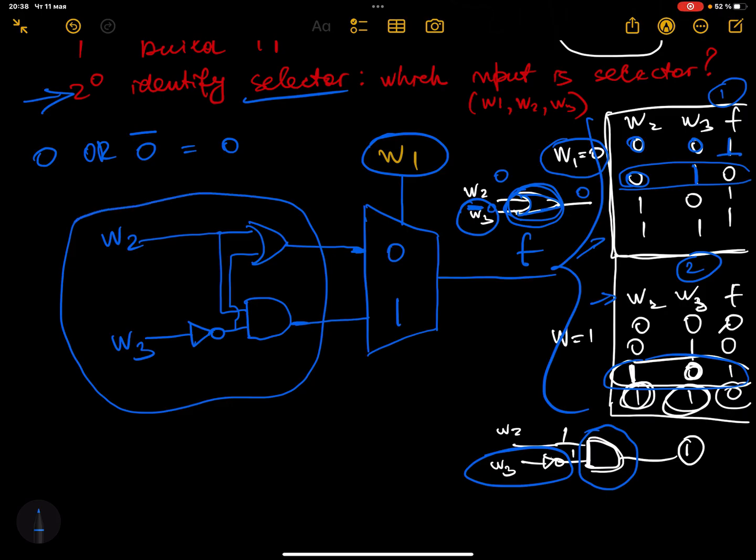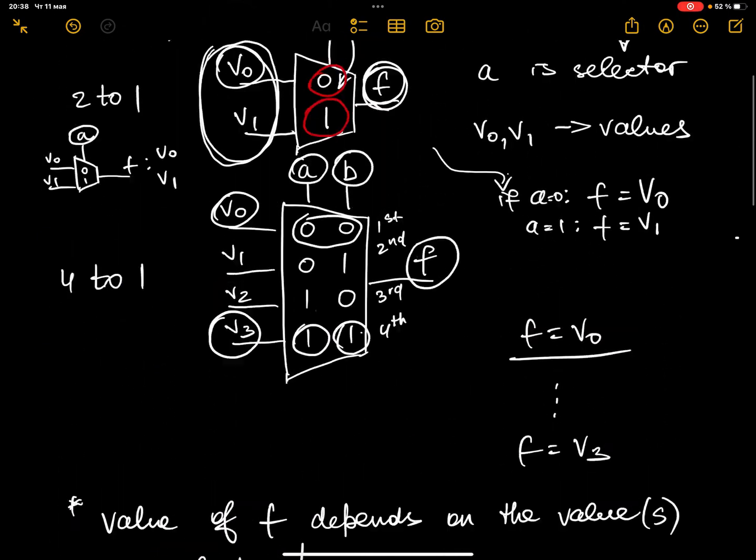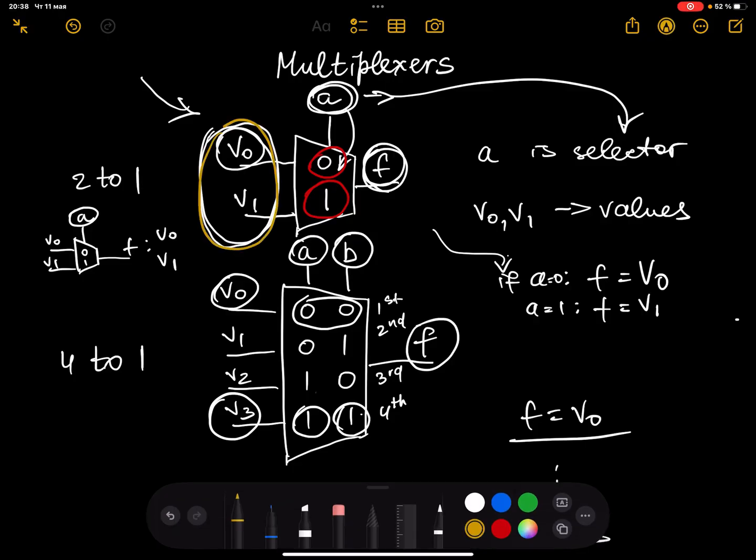So finally, this is V0 and this is V1 from here. But not always will you have just two inputs.